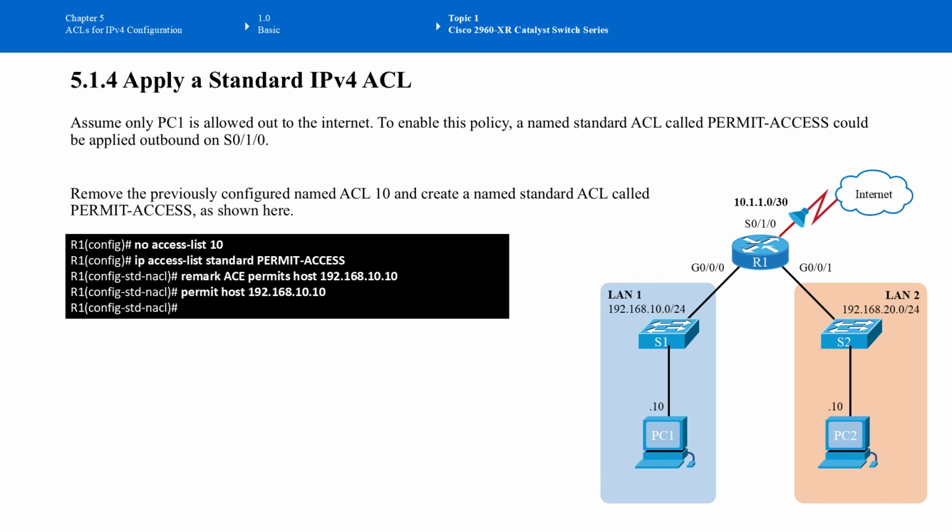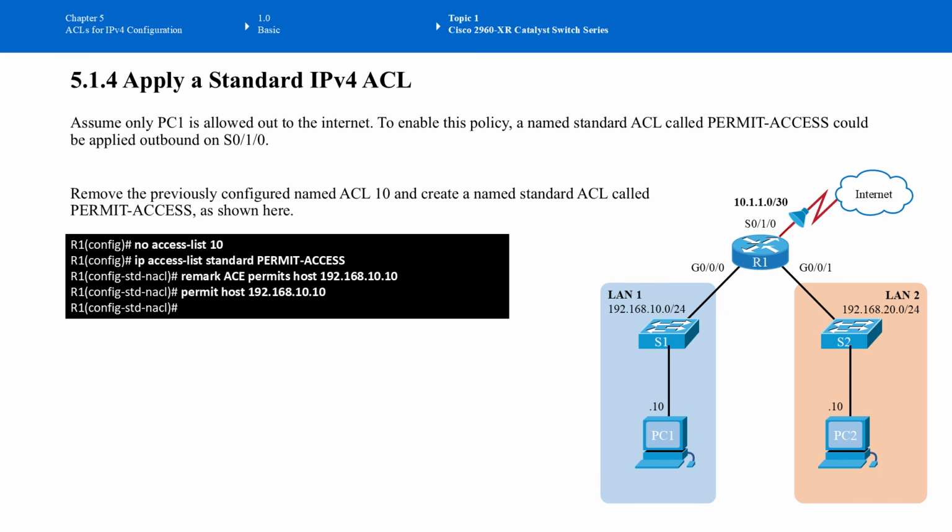To enable this policy, a named standard ACL called permit-access should be applied outbound on serial interface 0/1/0. Remove the previously configured ACL 10, and then create a named standard ACL called permit-access, as shown in the commands here.